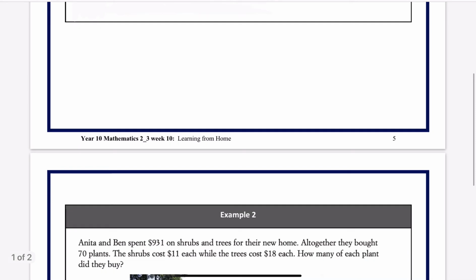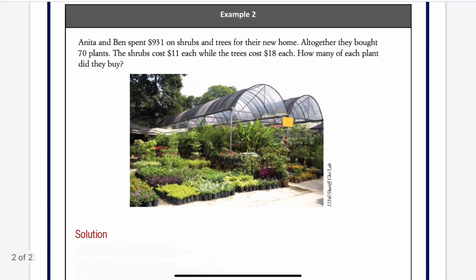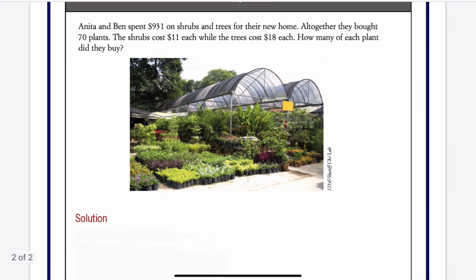Next question. Anita and Ben spent $931 on shrubs and trees for their new home. Altogether, they bought 70 plants. The shrubs cost $11 each, while the trees cost $18 each. How many of each plant did they buy? Okay, I've read the question.